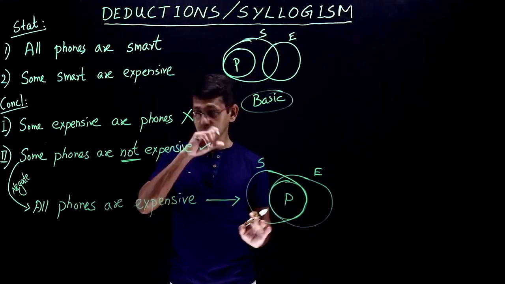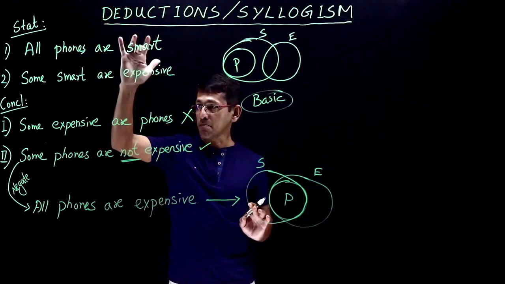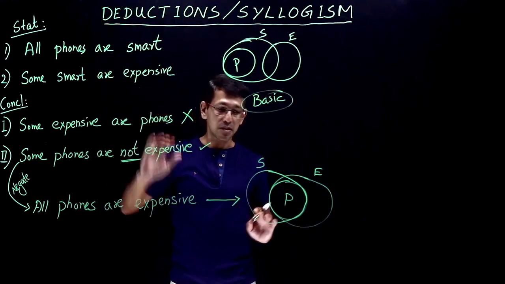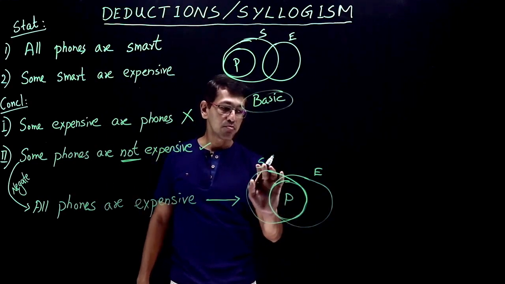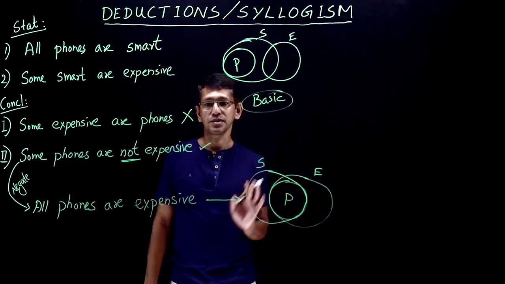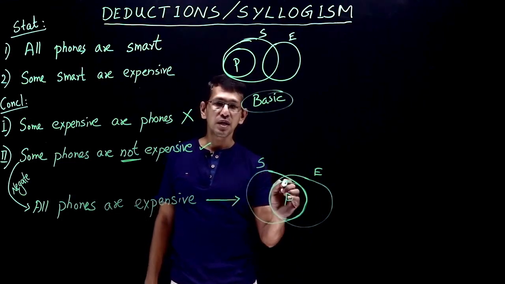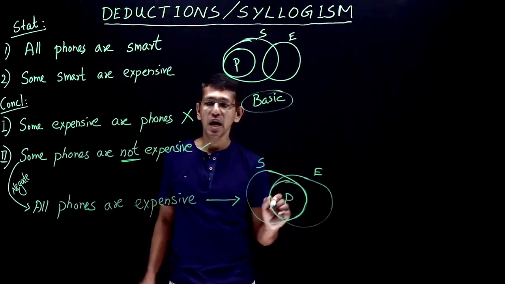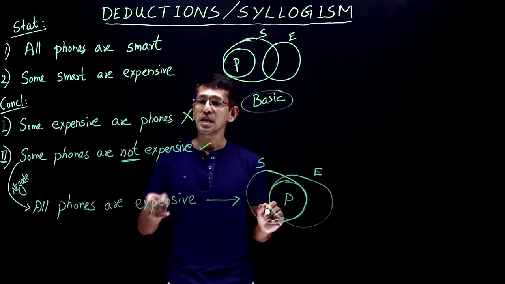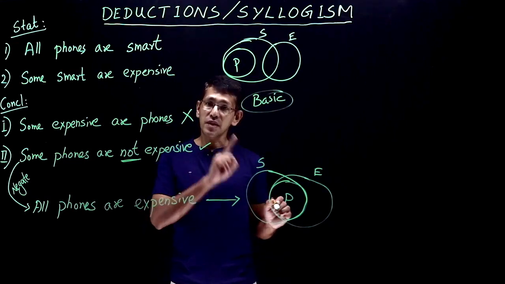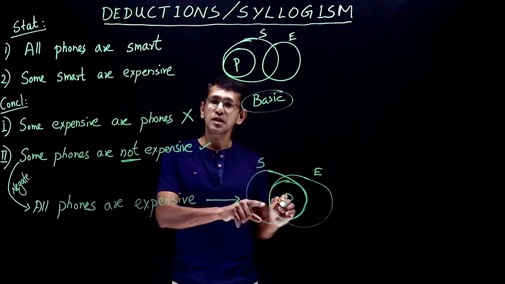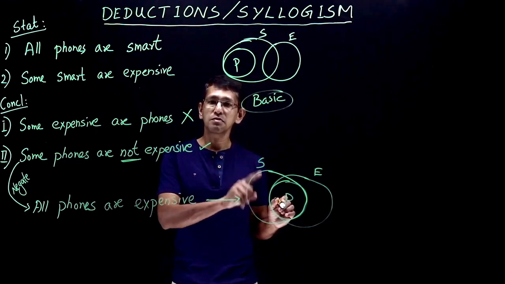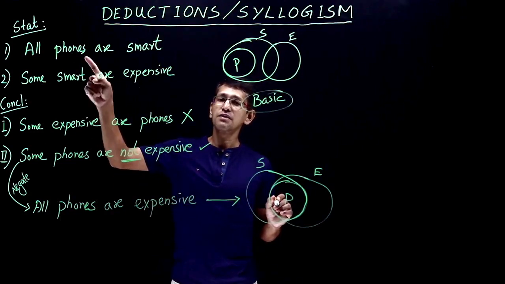We have all the terms: phone, smart, expensive. All 3 terms here. Now we need to check the existence of this new diagram. This new diagram is based on the negated conclusion, but if the diagram exists, that must be valid for the given statements.